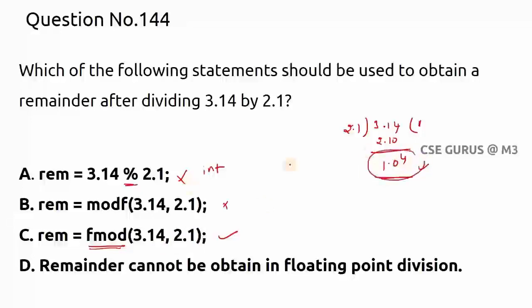The remainder you will get is 1.04 successfully here. So the function you can use for floating point numbers when you want to get the remainder is fmod, whereas percent gives the remainder only for integers. To get it even for floating point you have to use fmod. This will work out successfully for remainder for floating point numbers. So option C is the correct answer.